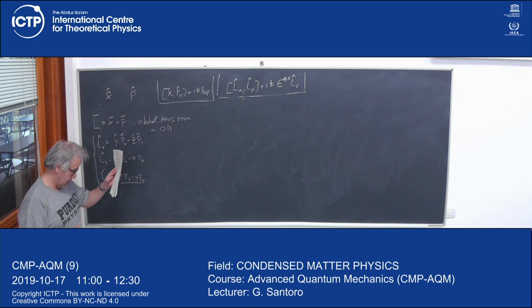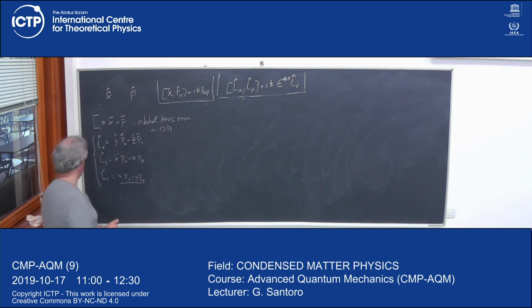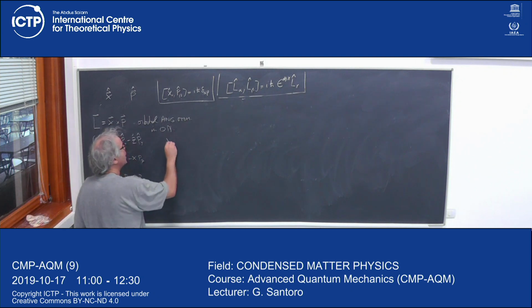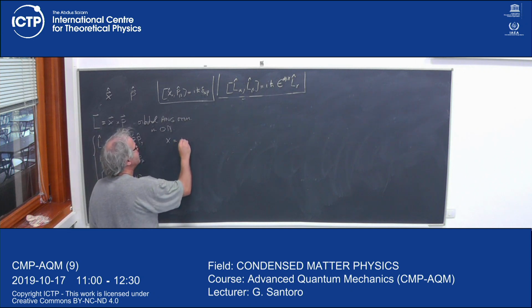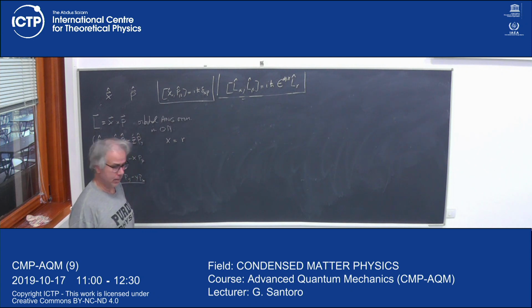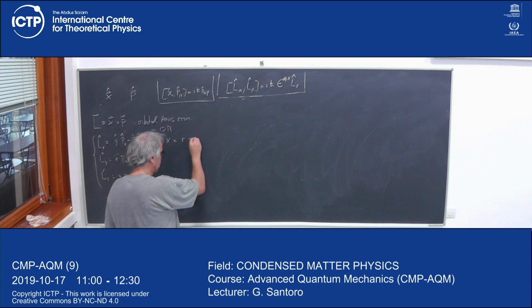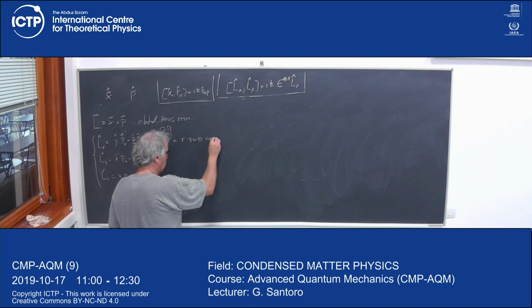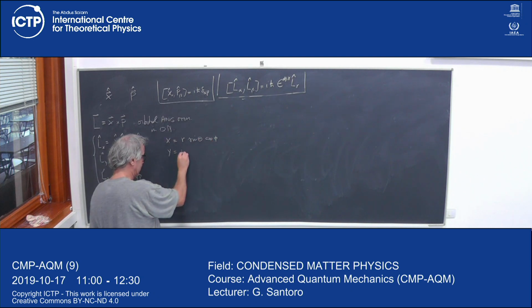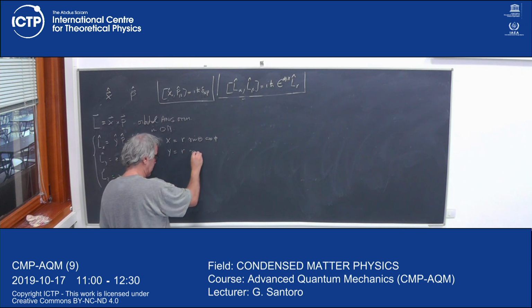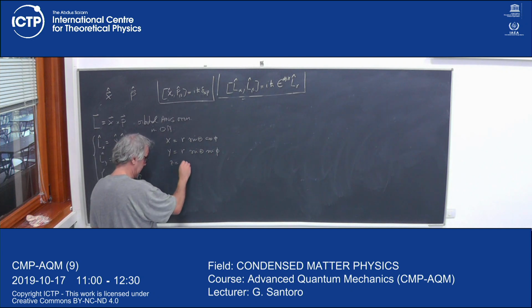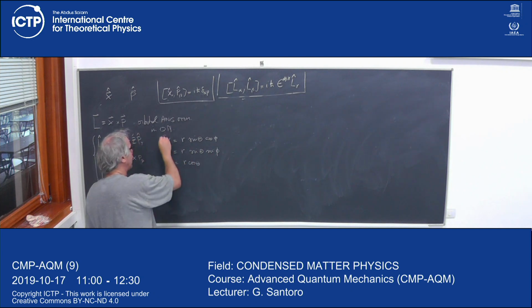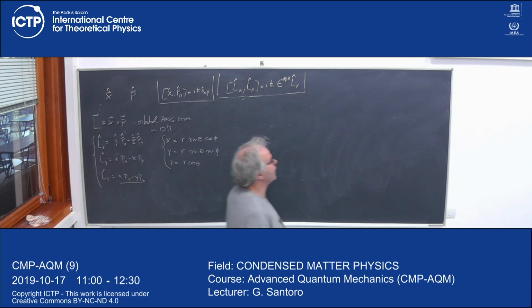But I want to convince you that if I write in spherical coordinates x as r, the distance from the origin, times sine theta times cosine phi, y as r times sine theta sine phi, and z as r cos theta. Okay, these are the spherical coordinates.